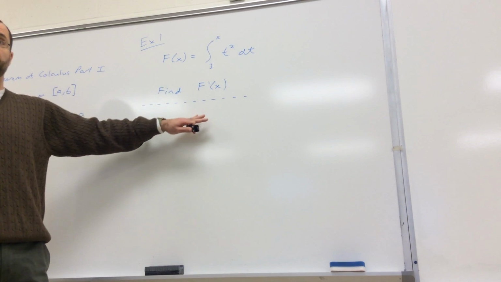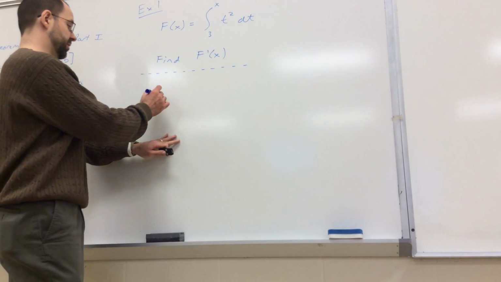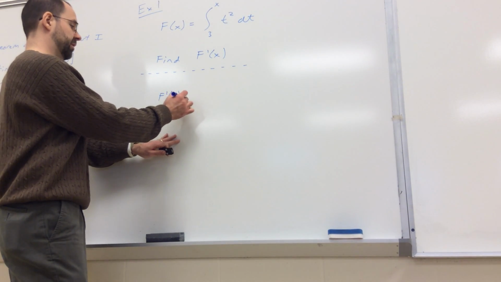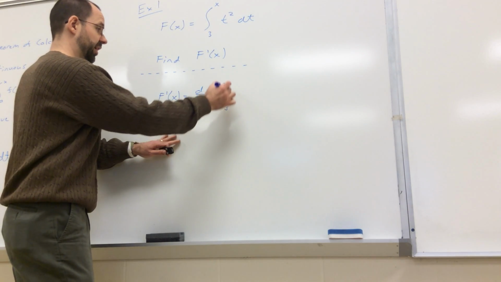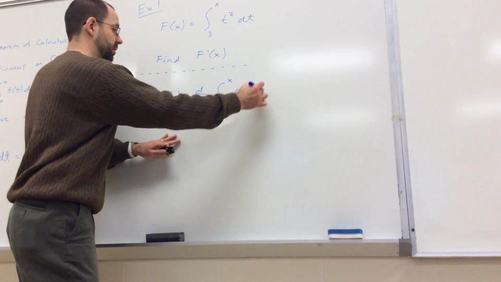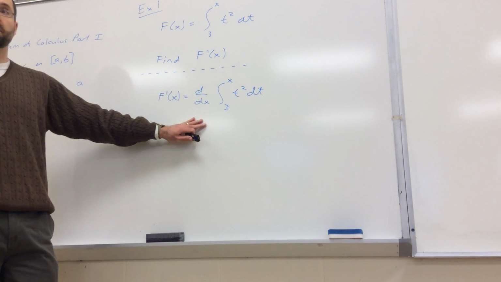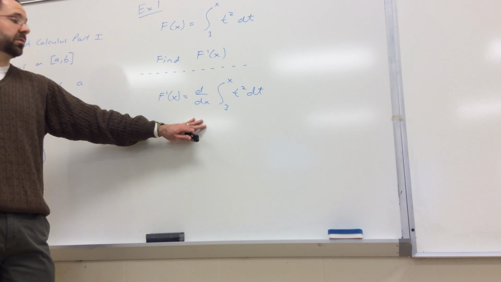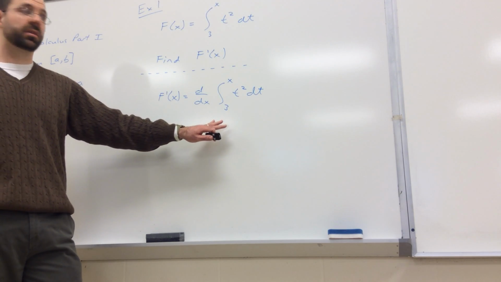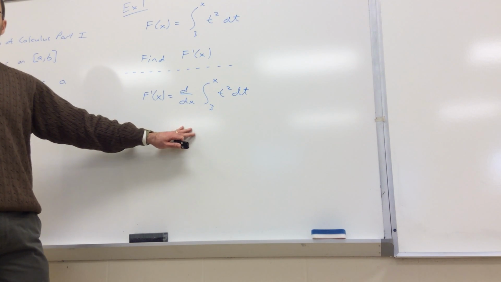And we're trying to find the derivative of it. Okay, so if we're trying to find the derivative of capital F, we need to take the derivative of capital F. And what do you get when you take the derivative of this? x squared.